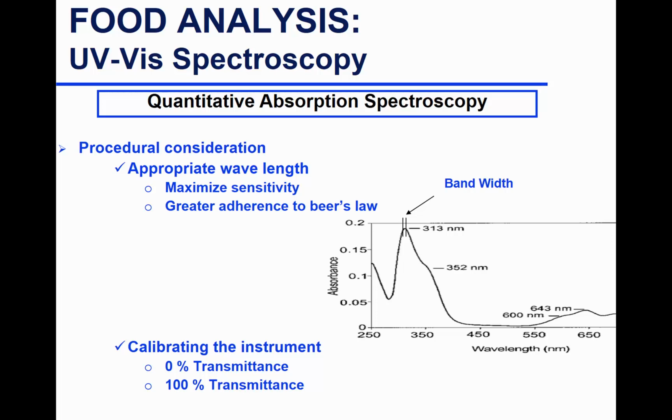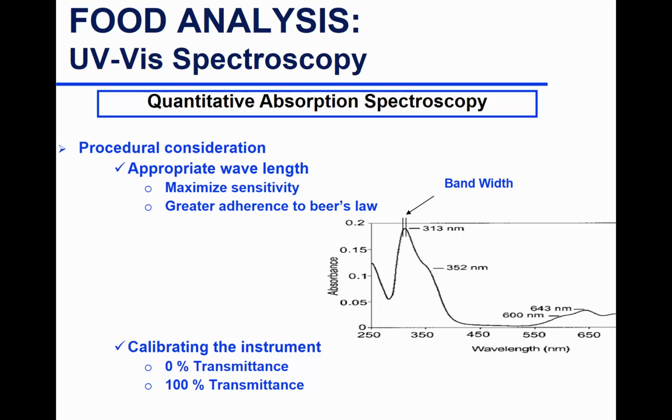And also at lambda max, you have a slightly flat line here or band. What does that mean, the flat band here? That means some wavelengths, like let's say 344 and 355, give you the same absorption. So you want to select a wavelength at that peak.